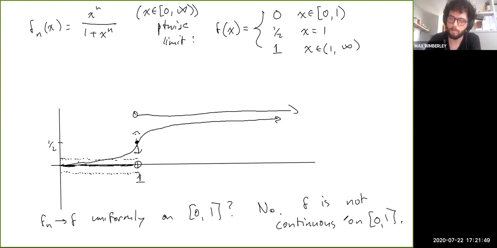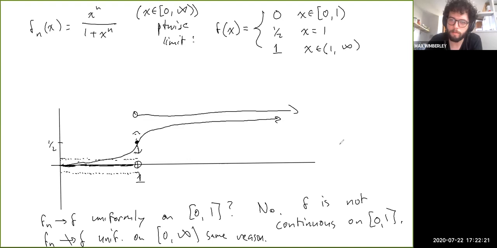That's the main problem. On the closed interval [0, 1], the limit f isn't even continuous. Since fn is continuous everywhere, if it were to converge uniformly, the limit would have to be continuous, but it's not. So fn does not converge to f uniformly on [0, infinity) for the same reason.